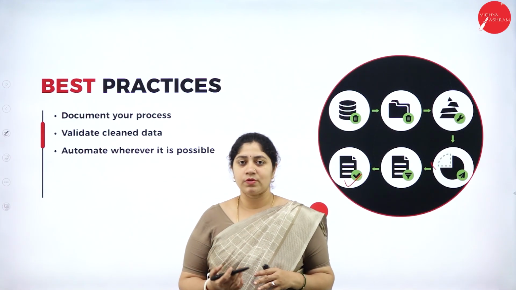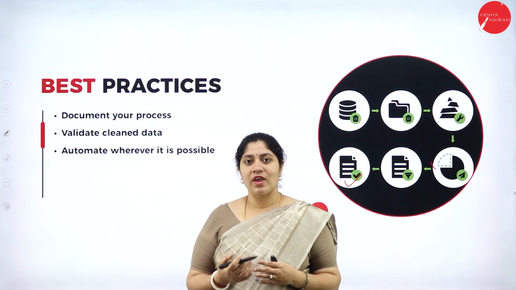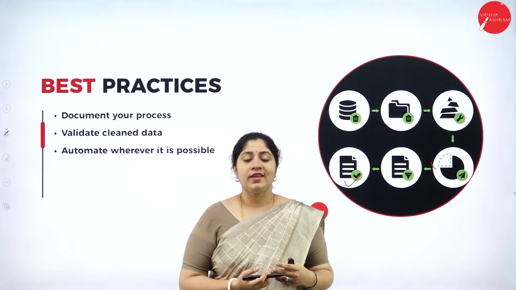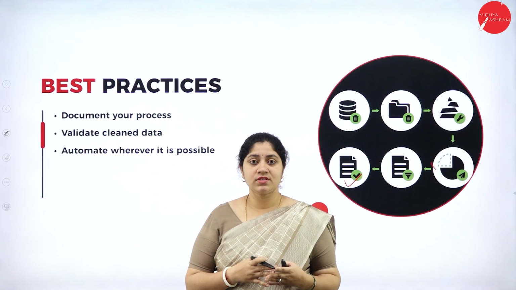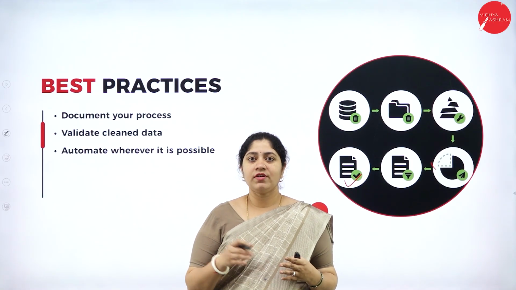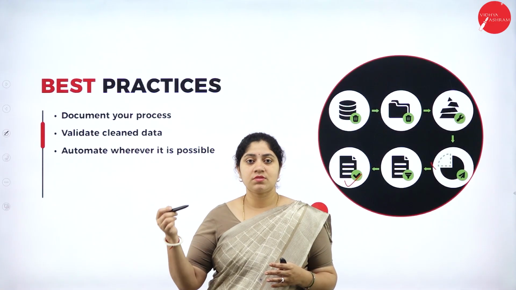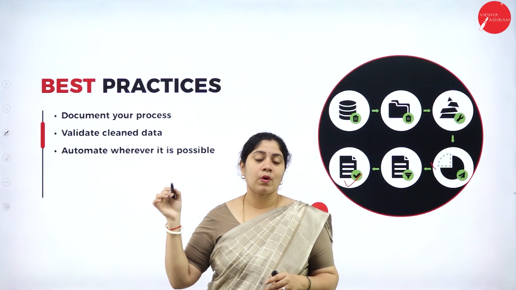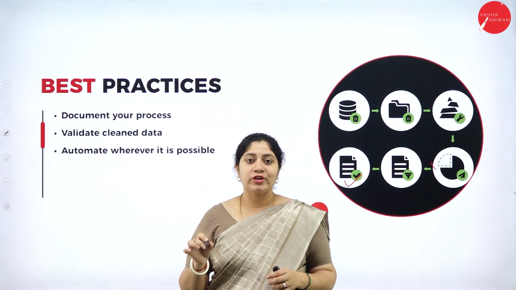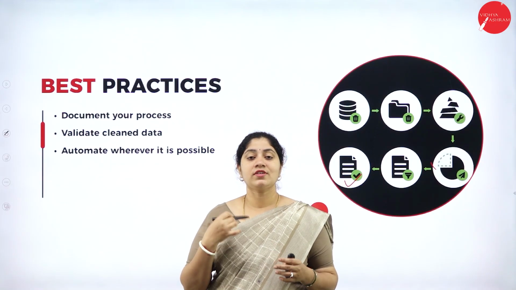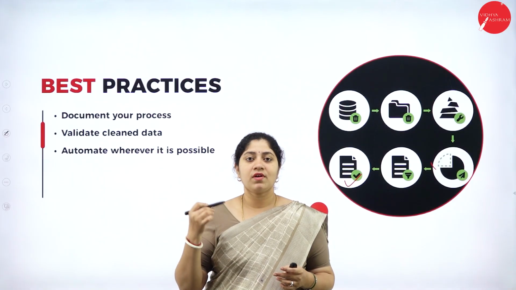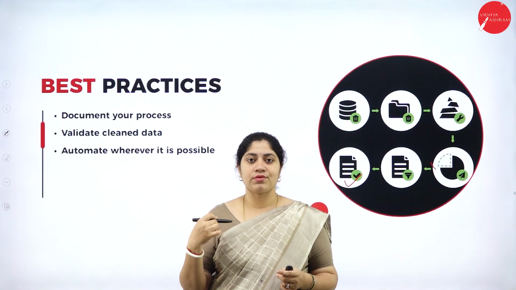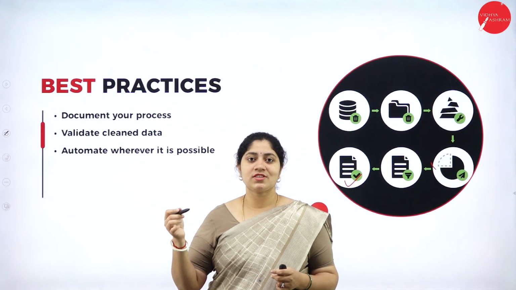So this is the process, but the best way to follow data cleaning is by documenting each and every process as well as validating that process. Also, wherever it is possible, we have to automate the process, which minimizes our time to go back and check each and every stage. Wherever automation is possible, we have to go forward and make it possible.